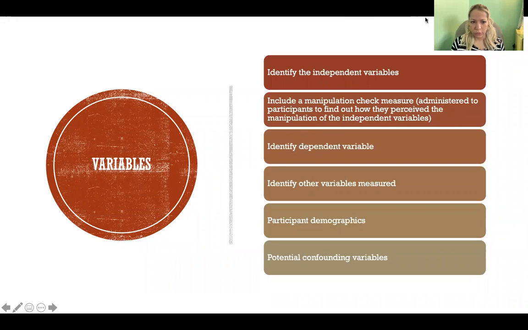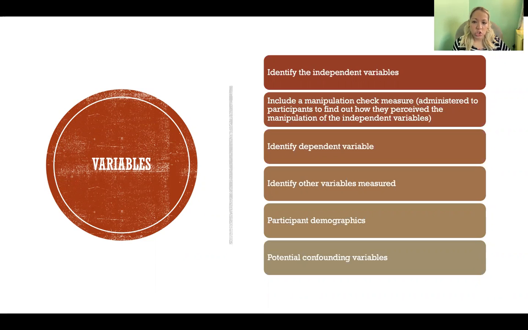Then you'll also need to discuss your variables. So you need to identify the independent variable. So what is the thing that you are trying to test? You want to include a manipulation check measure. So during an experimental design, it's important that you be aware of how the participants are perceiving the manipulation of the independent variable.